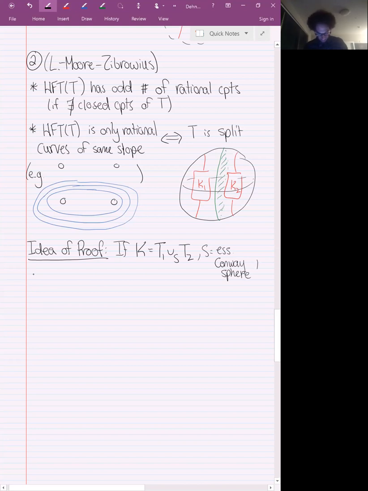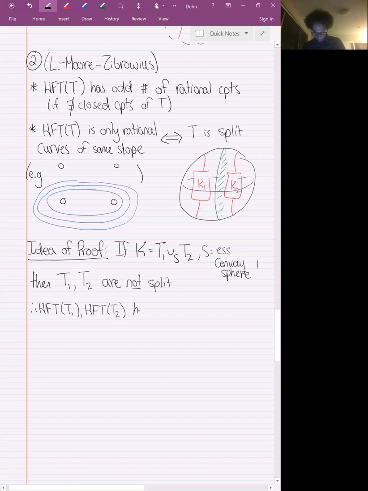well, what does that mean? It means that T1 and T2 are not split tangles. Because if they were split, then we could use these green compressing disks to show that the four-punctured spheres were not pi1 injective into the knot exterior. And so the key thing now is that, by our characterization, HFT of T1 and T2 are complicated.